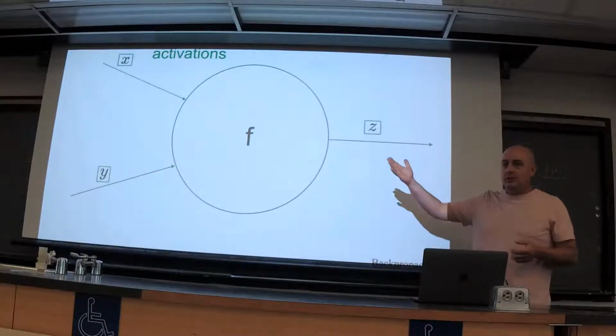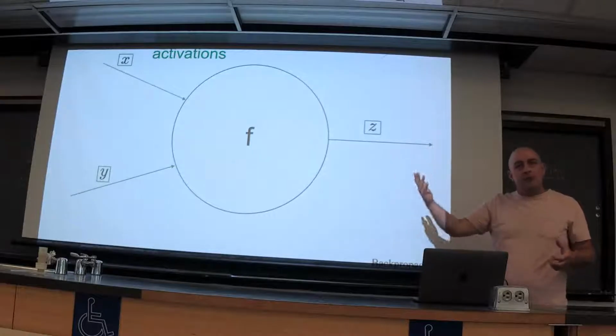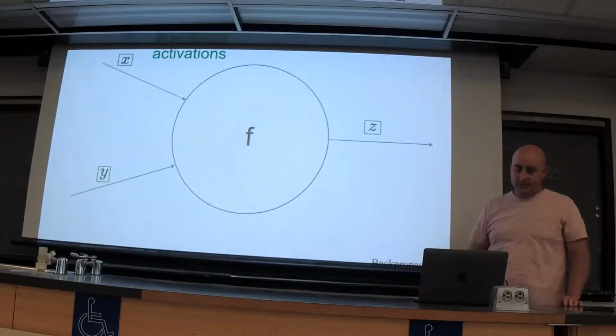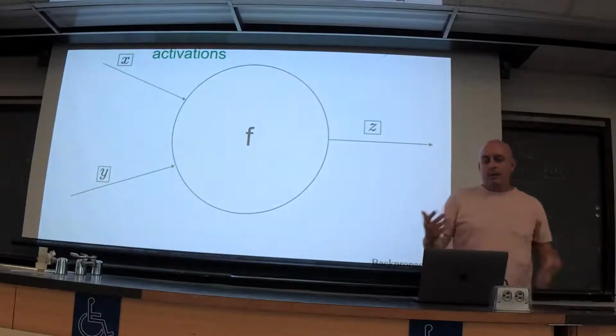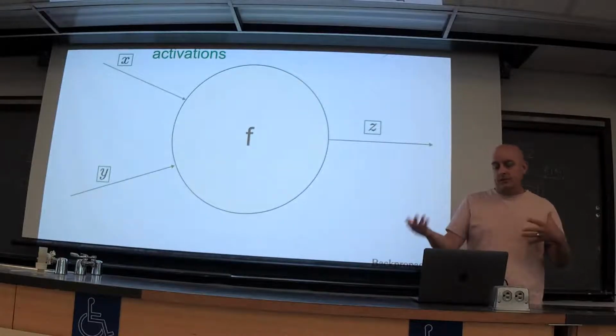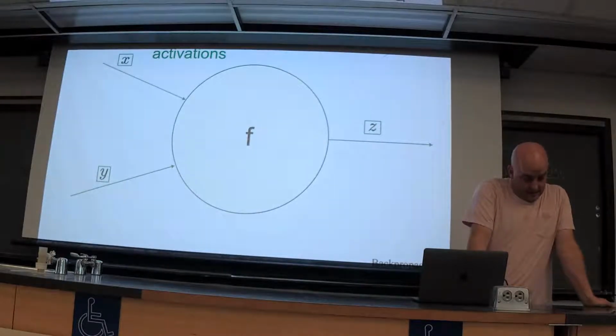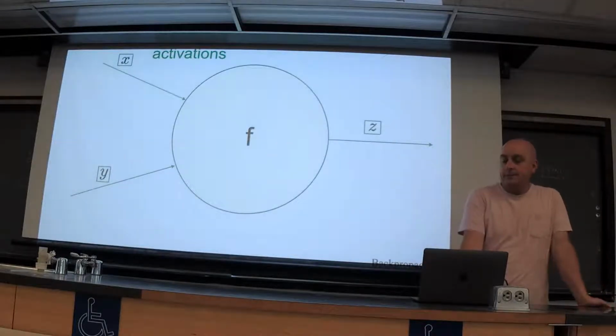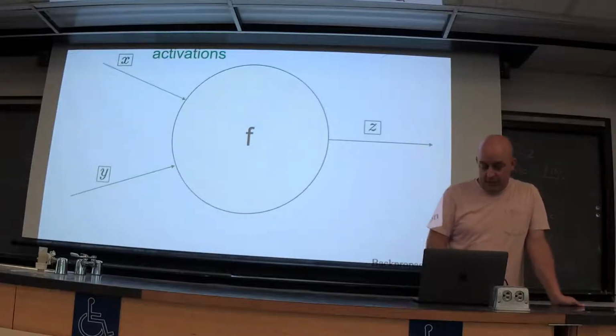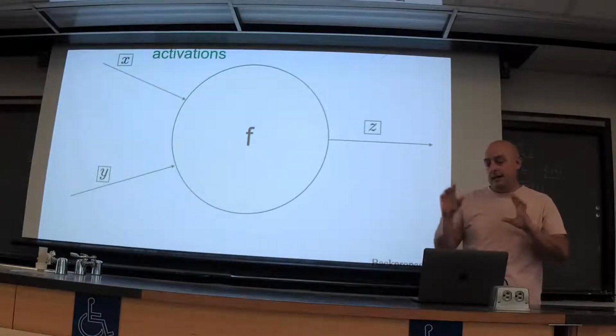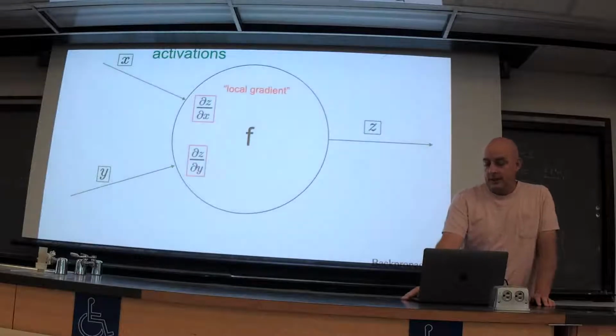F is the operation, and z is the output from it. And these could be of different dimensions, depending on what f takes as input and what it gives as output. You'll recall some of this from the last time, but a bit more in detail.